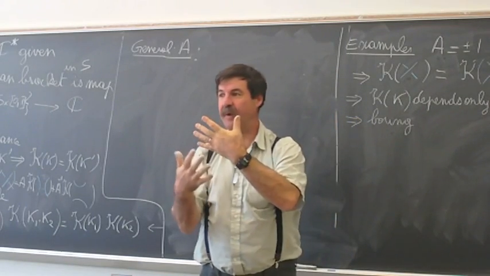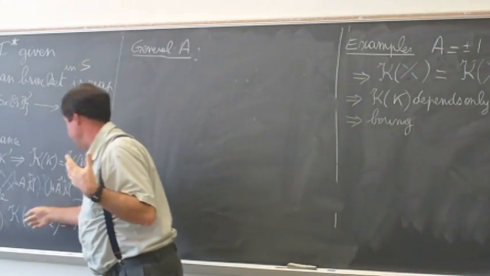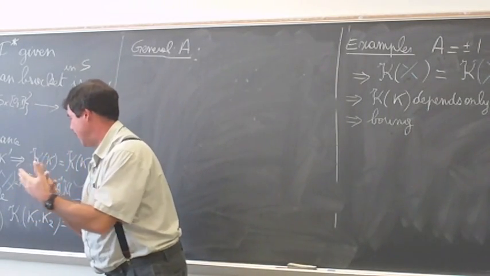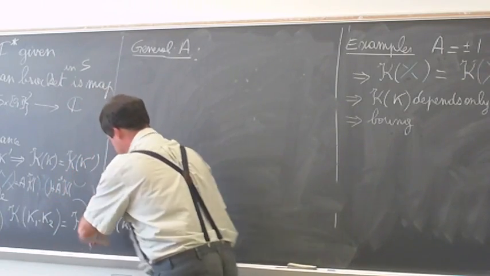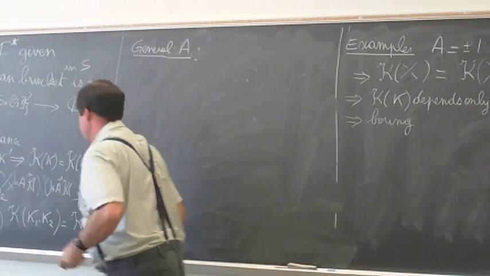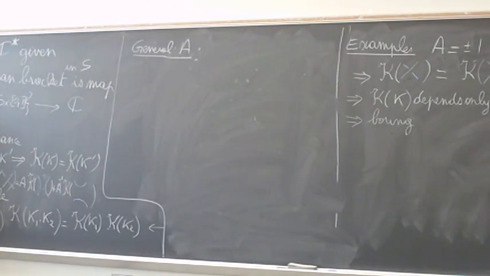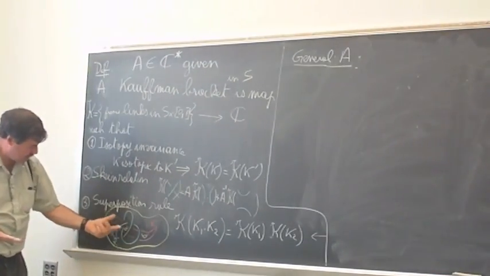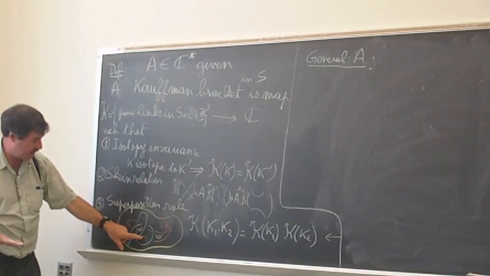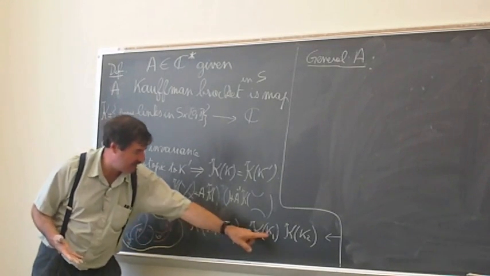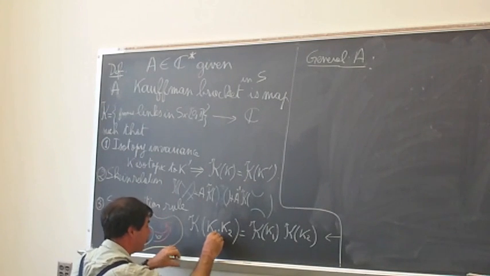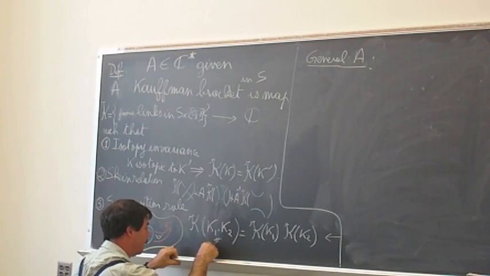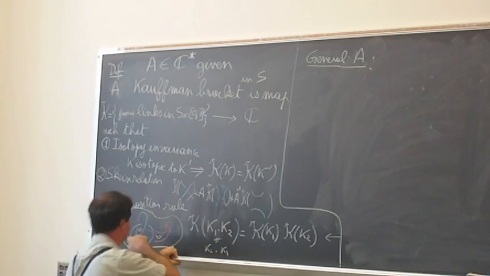It means in particular that whether you put your link K1 below and K2 on top, or whether you do it the other way, you're going to get the same thing. Whereas what you see here in this case, this multiplication here is non-commutative. In general, this is not the same as K2 dot K1. It does depend on which one you put on top.